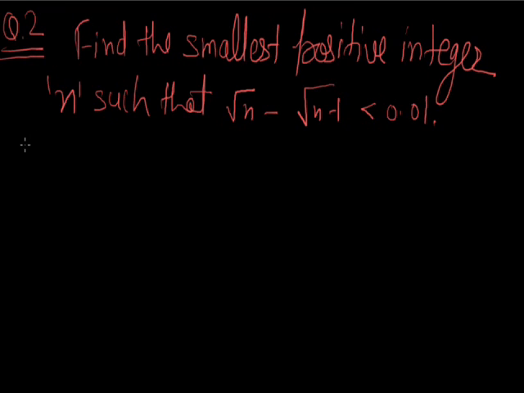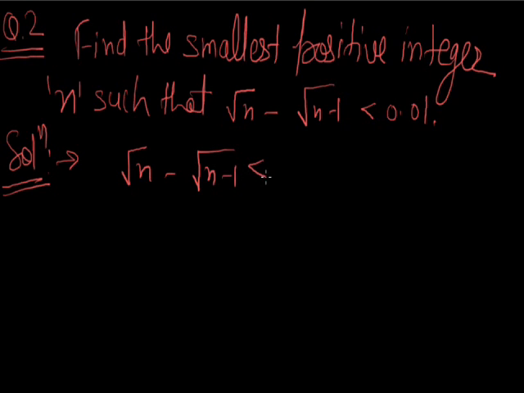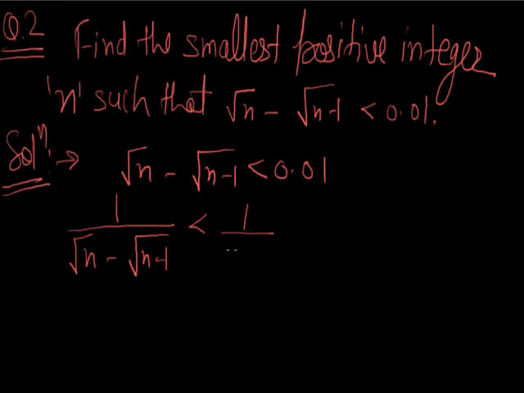Let us have the solution of the question. We are given root n minus root n minus 1 is less than 0.01. Let us take the inverse of the inequality on both sides: 1 upon root n minus root n minus 1 is greater than 1 upon 0.01.